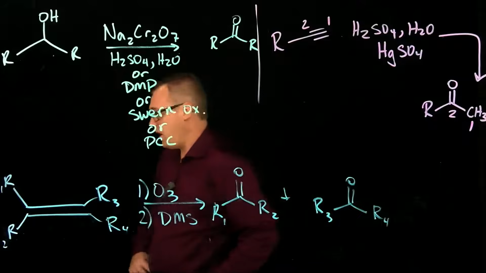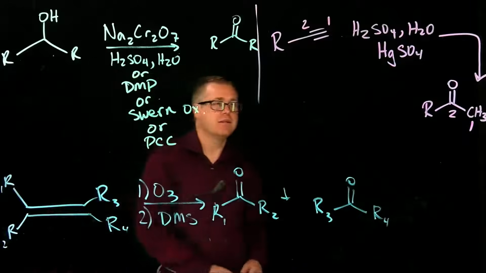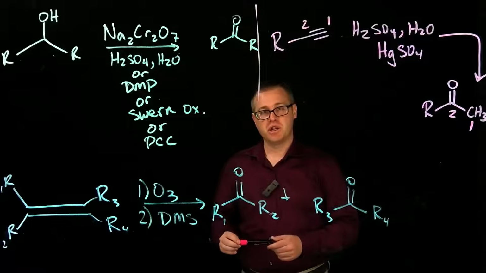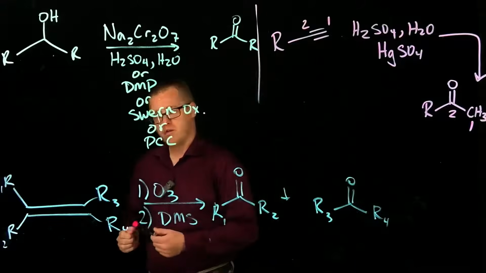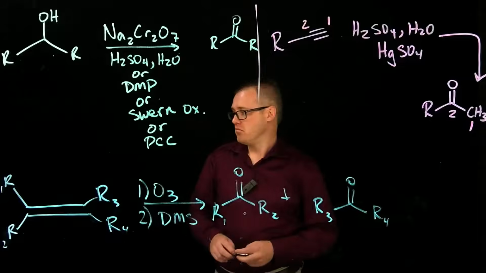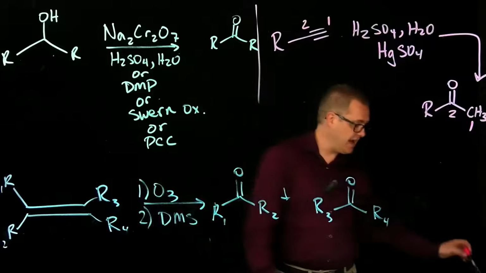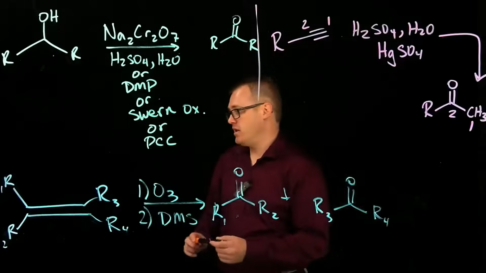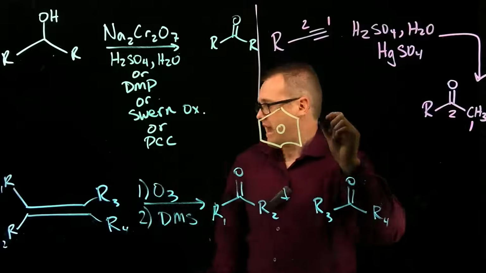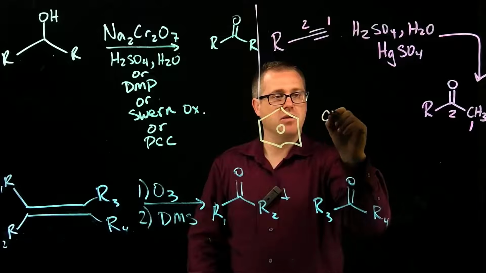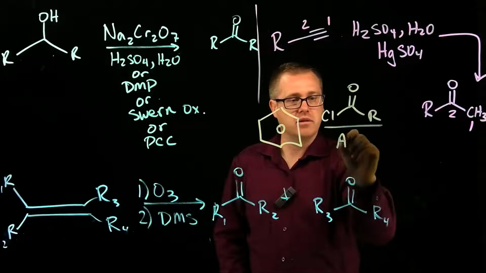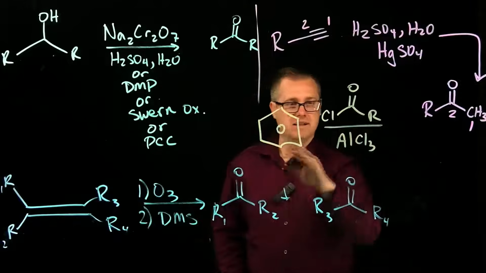And so that's Orgo 1, but we have learned another reaction in Orgo 2. Remember the Friedel-Crafts acylation? So Friedel-Crafts acylation can get us to a ketone as well. So for example, if we have our benzene ring and we treat it with an acid chloride that looks something like this, and we have our Lewis acid, what is that going to do?